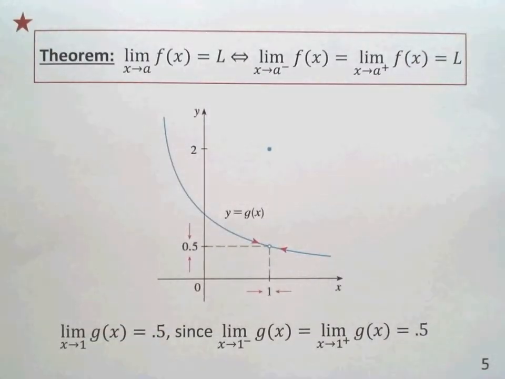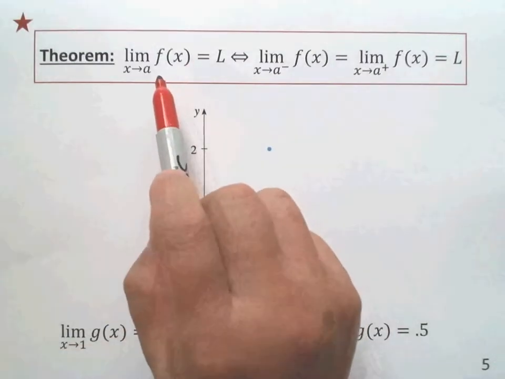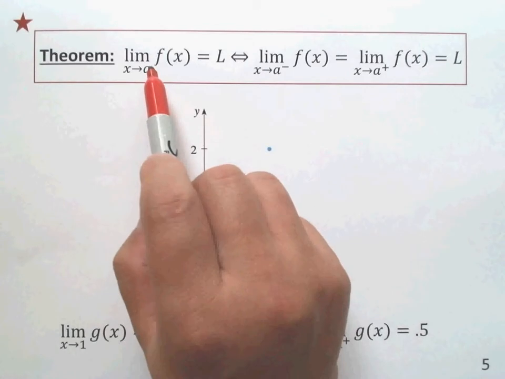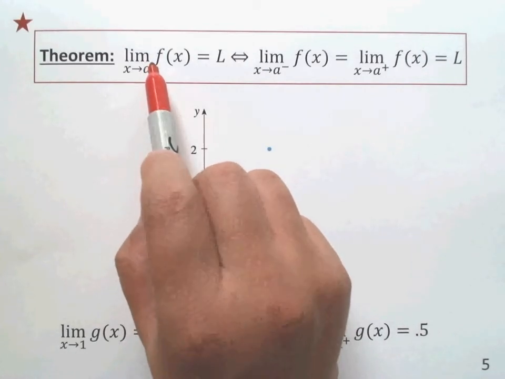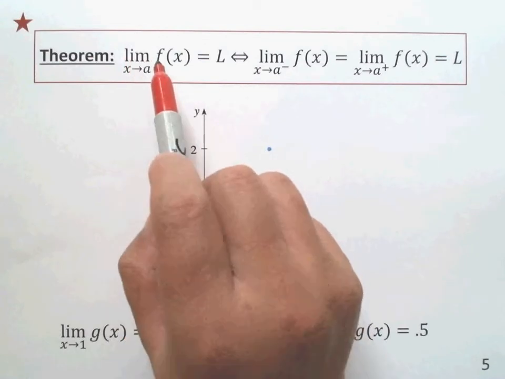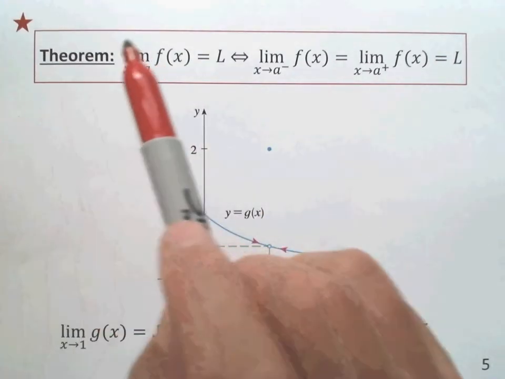If we put these two one-sided limits and the original limit definition together, we have this theorem. Do you remember the definition of the limit as x approaches a? Here it is not a minus, not a plus, which means that for the limit we have to look at the left and also look at the right.